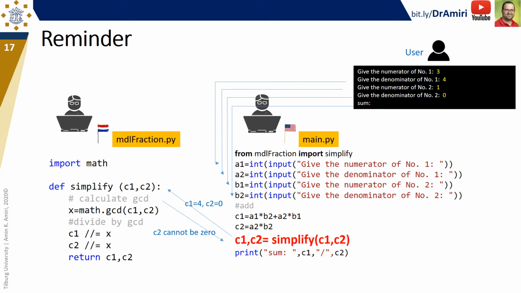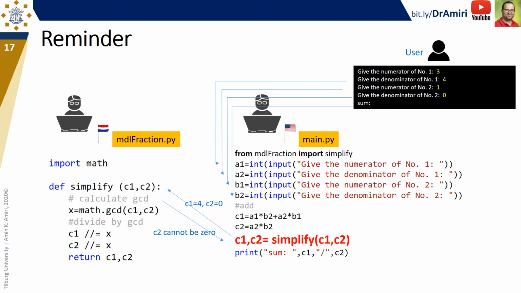However, in this case, the American programmer was silly and forgetful, and he didn't do that. As you can see, he gets A1, A2, B1, and B2. The program calculates the new fraction, and then it calls the simplify function.